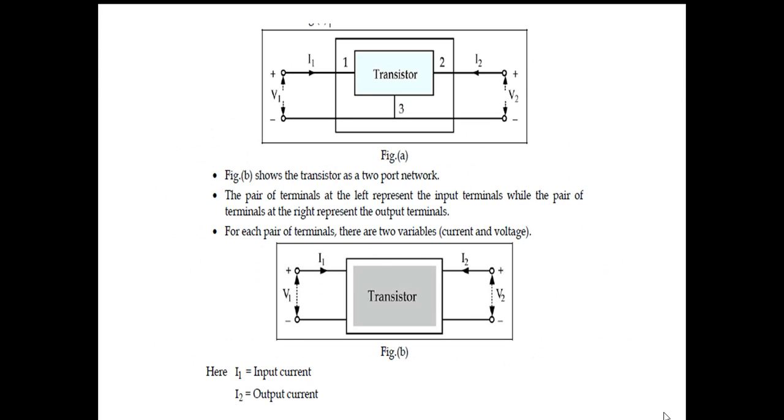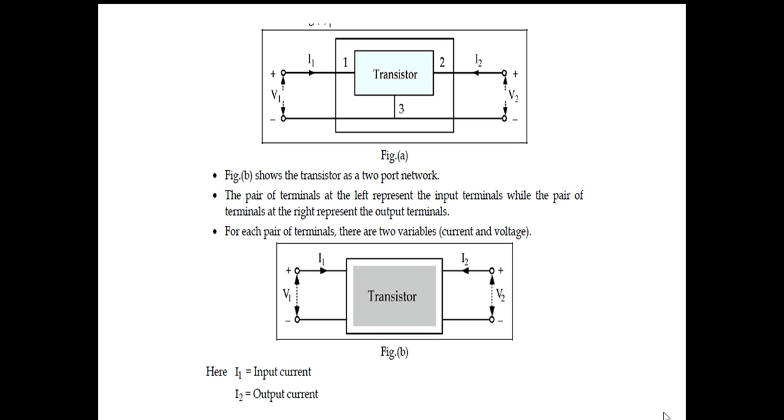Of course, the transistor, as we know, has three terminals named base, emitter, and collector. In order to convert the three terminals into four, we need to take one terminal as common.